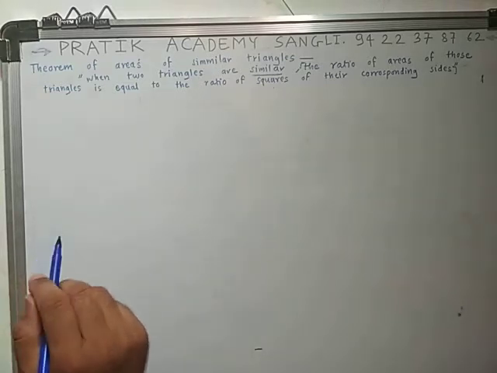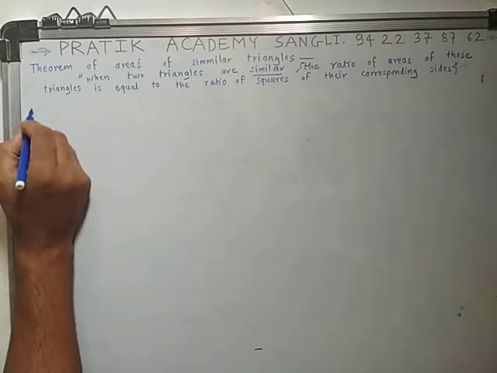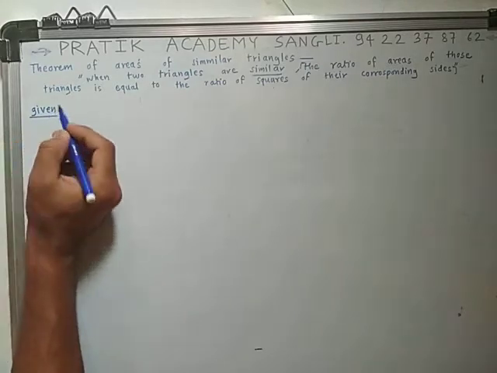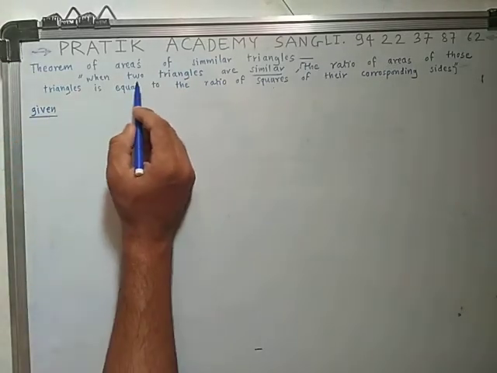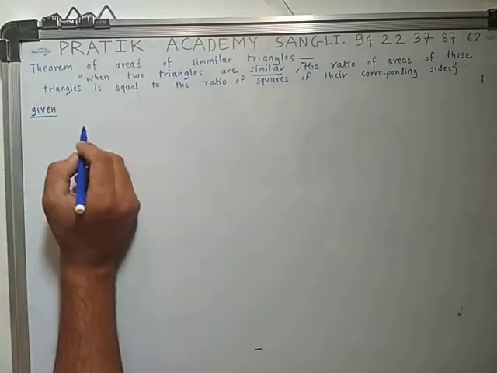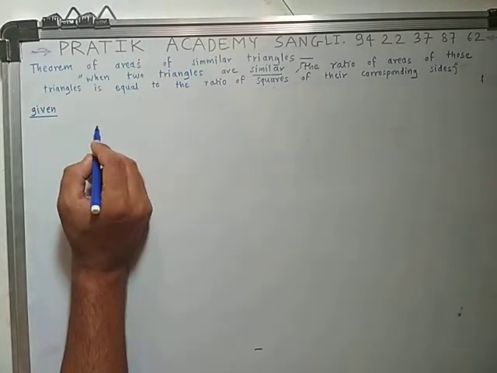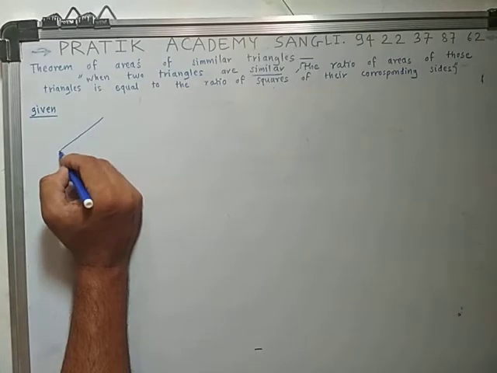According to the statement, let's find out its given part. So what is given? Two triangles are similar. So let's draw two triangles here first.